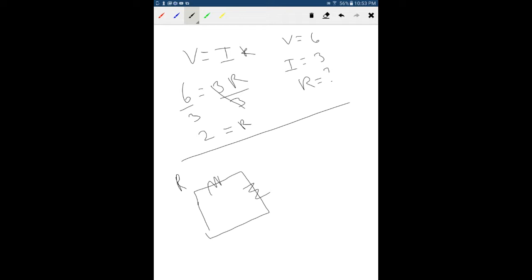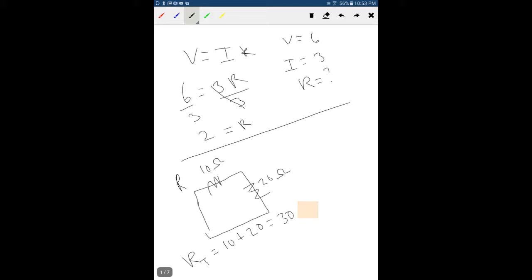To keep things easy, let's do a 10 ohm resistor and a 20 ohm resistor. Then we say RT equals 10 plus 20 equals 30 ohms. Very easy when they're in series. Not so easy when they're in parallel.